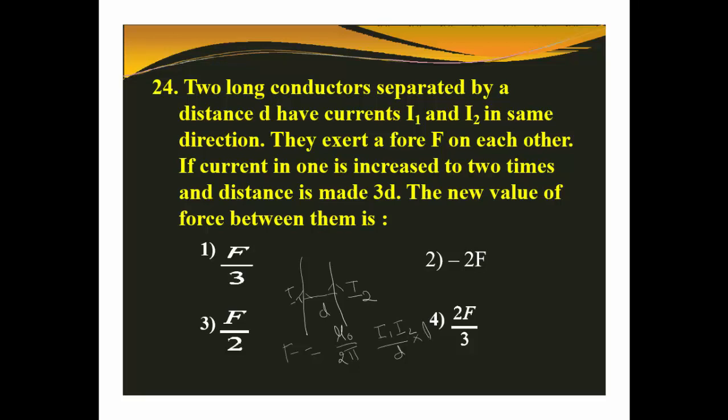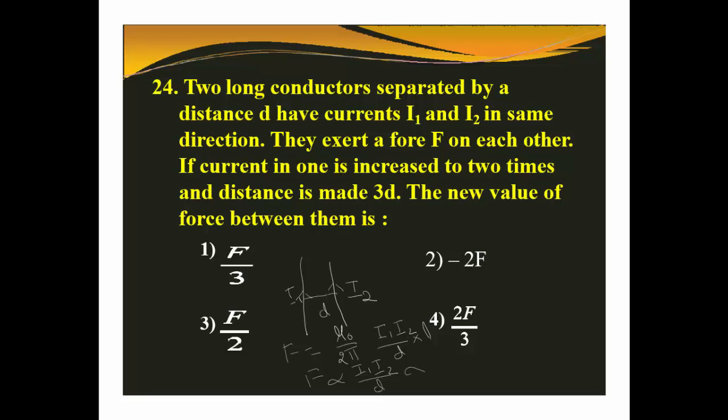Okay, now here F is proportional to currents I1 and I2 and inversely proportional to distance. So which are changed here? Current in one conductor is changed and the distance between them is also changed. Length is not altered, means L is constant. If current in one is increased, you can take I1 or I2, nothing will happen.